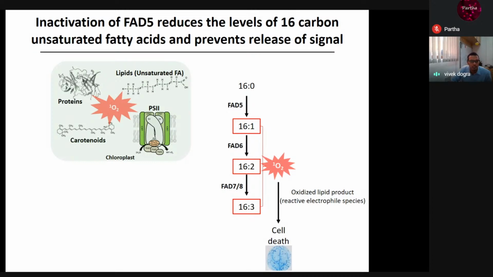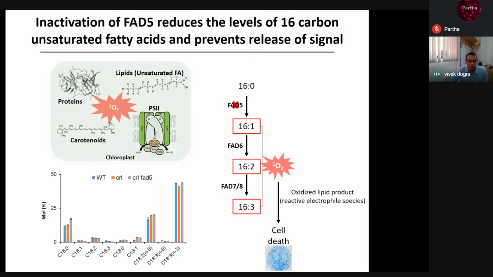So if we switch off FAD5, we do not see any unsaturated fatty acids, and we do not have any target for the ROS, so we do not see any cell death. This was very good. We checked all the things at biochemical and genetic levels also, and all the results were coming to the same hypothesis.